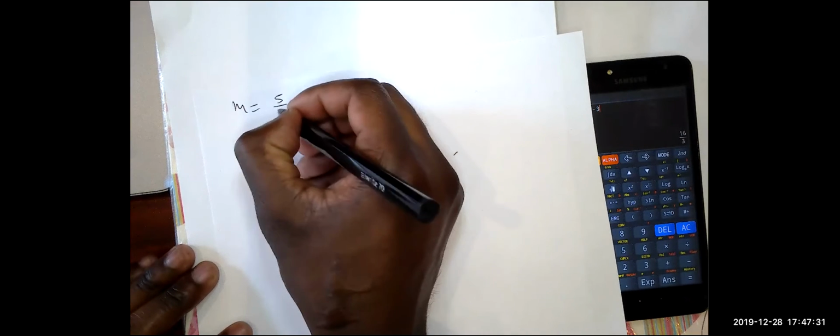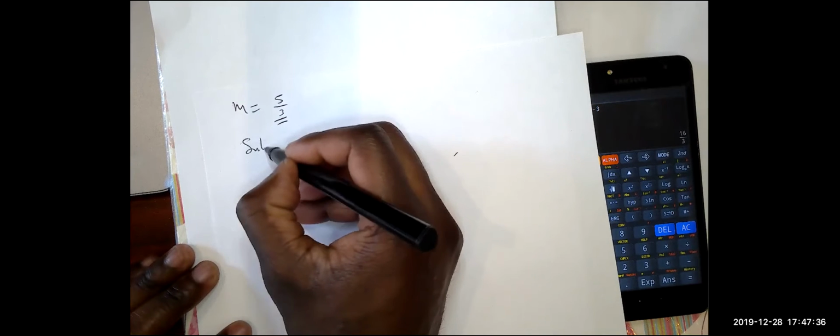But again, this is another method, okay? The other one you can use, you can first find the gradient, yes. After finding the gradient, you have your gradient here, m is equal to 5 over 3, okay?